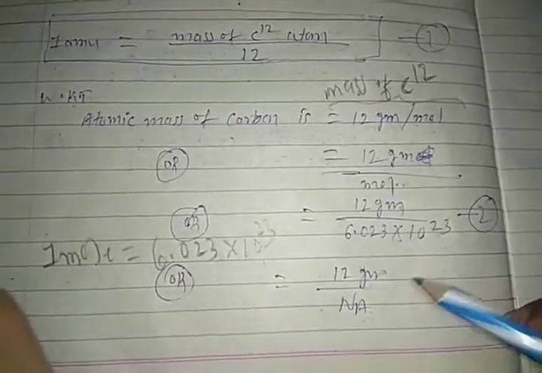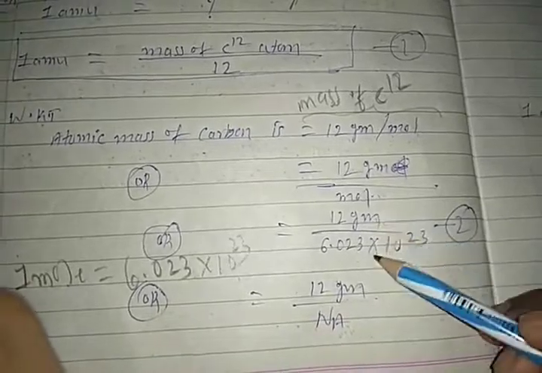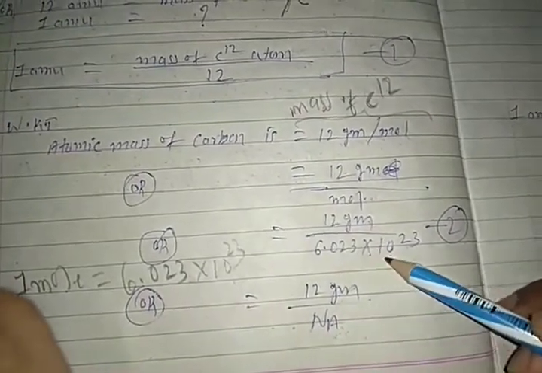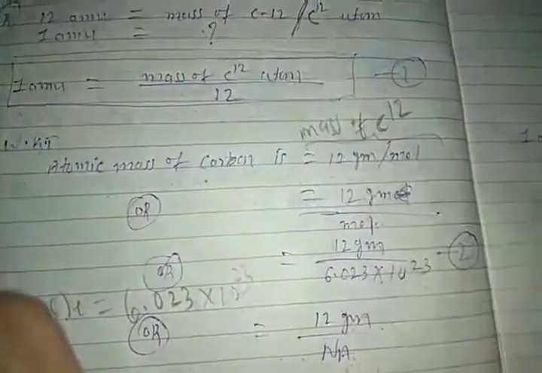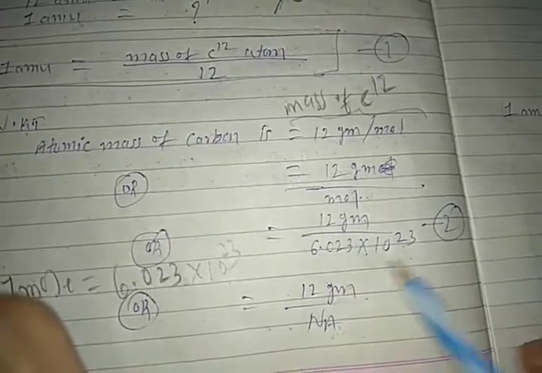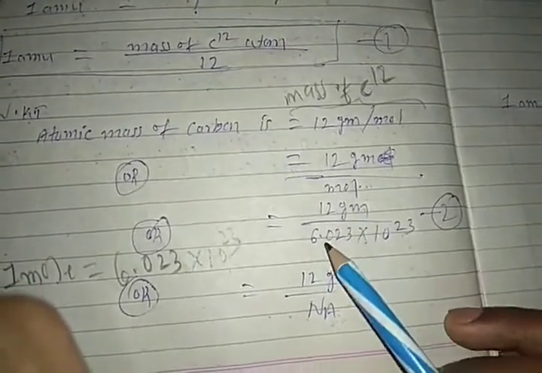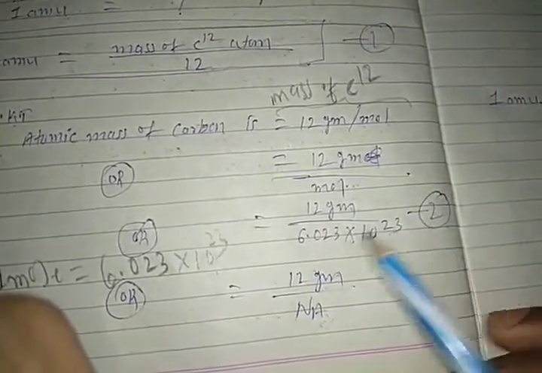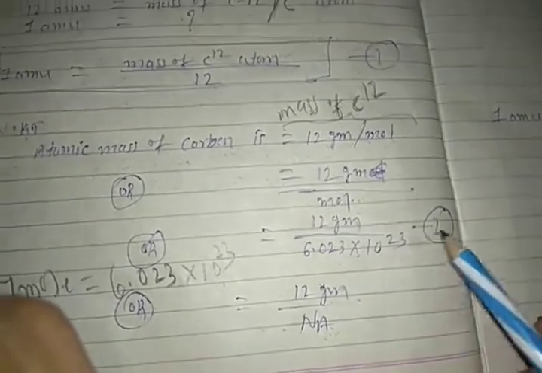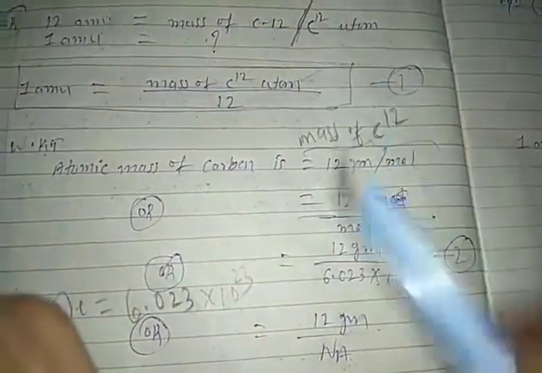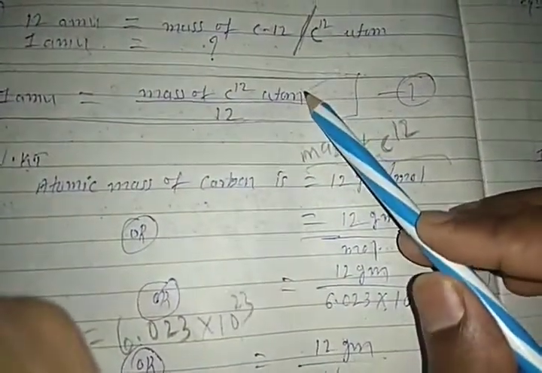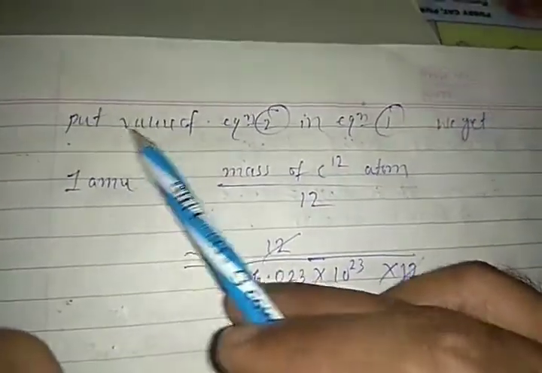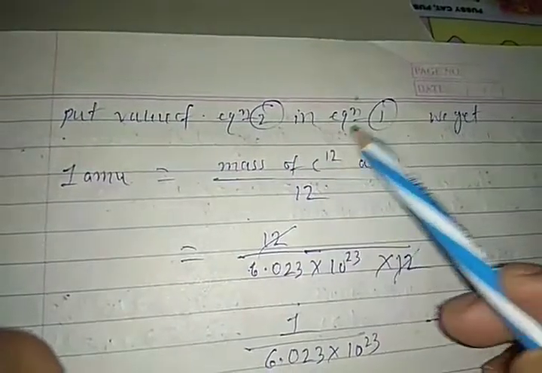Okay students, this value, 12 gram by 6.023 10 to the power of 23, can we substitute this value, equation 2, in place of the mass of carbon 12 in equation 1? Let's see. Put the value of equation 2 in equation 1.